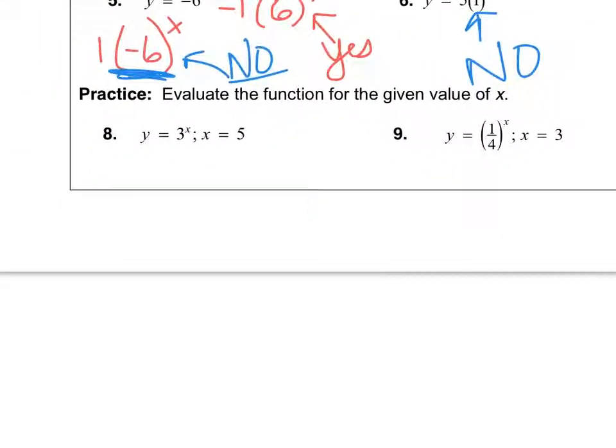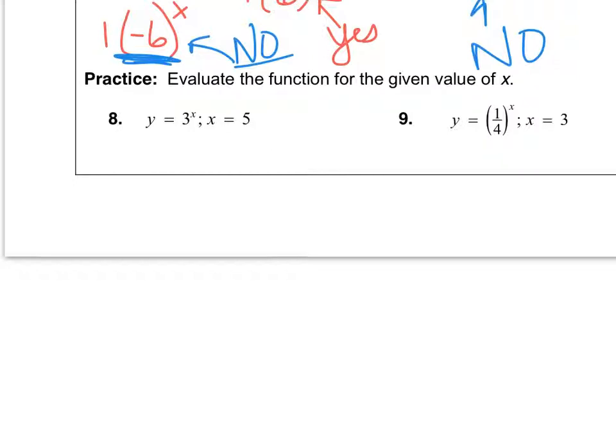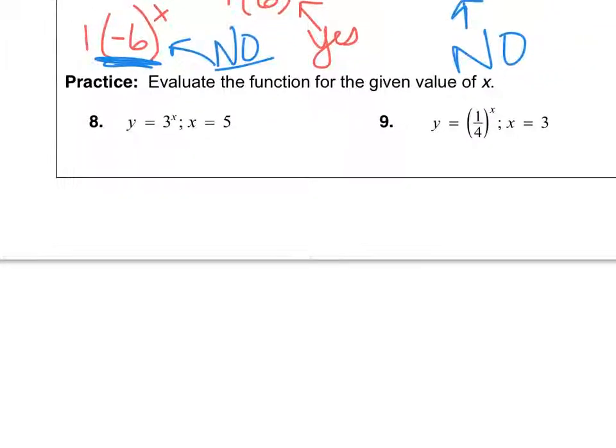Okay, so now we're going to evaluate the function. In other words, we're trying to find a specific answer. So it says evaluate the function for the given value of x. So we have a function. Our function is y equals 3 raised to the x power. So it's an exponential function.